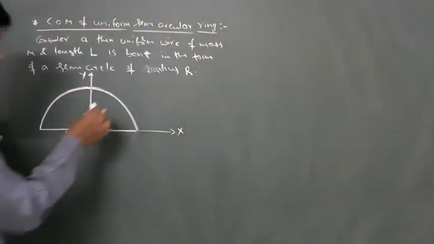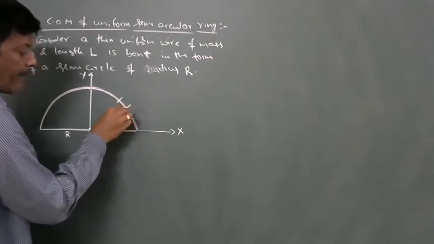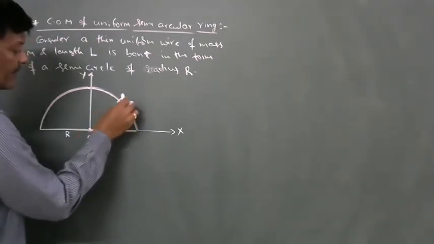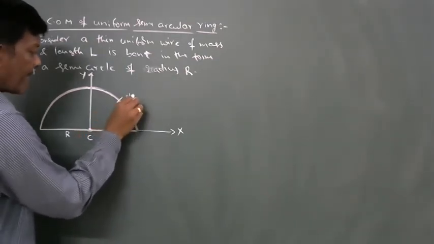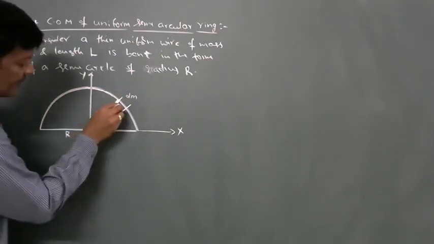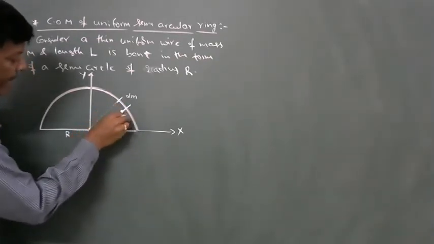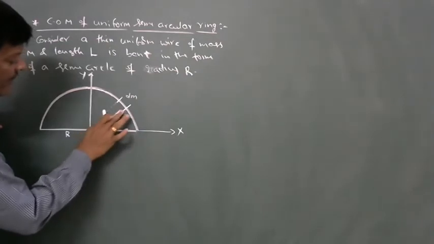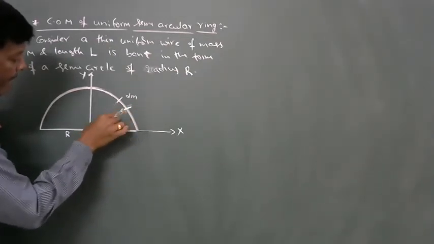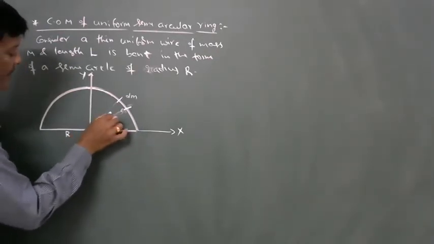Okay, consider a mass dm. This is an element of mass dm, which subtends an angle d theta at the center of the base.